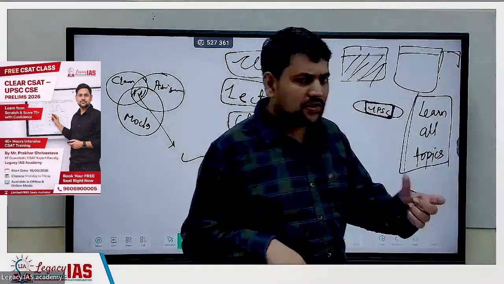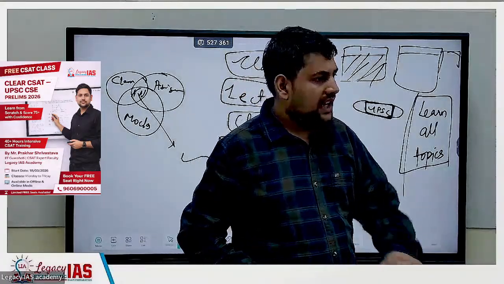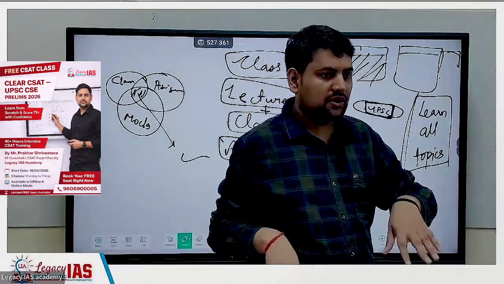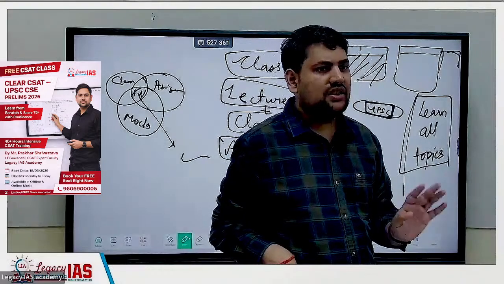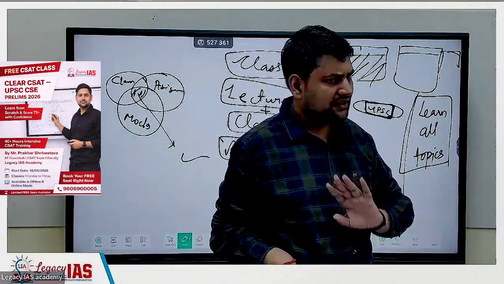Of course some of your topics would not be that strong, some would be very strong. That's fine, but if you do only 10 topics and rely on them being very strong to help you clear CSAT, that is not a very reliable strategy, because they keep changing, it's very dynamic.